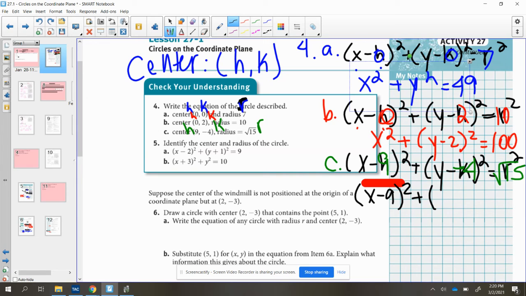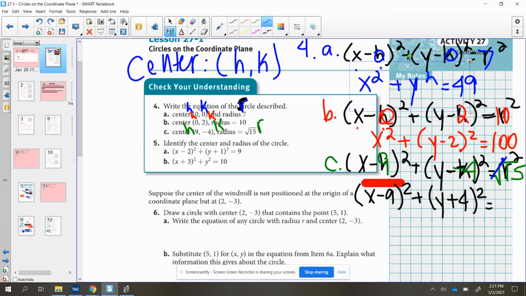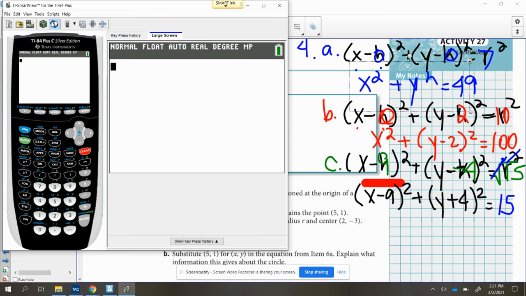And then minus negative 4. Remember, whenever you have minus a negative, that turns into a plus, squared. And then, reminder, the square root and the square cancel out, and we're just left with 15. Since we squared the square root of 15, it's just 15. That's why we left it there.